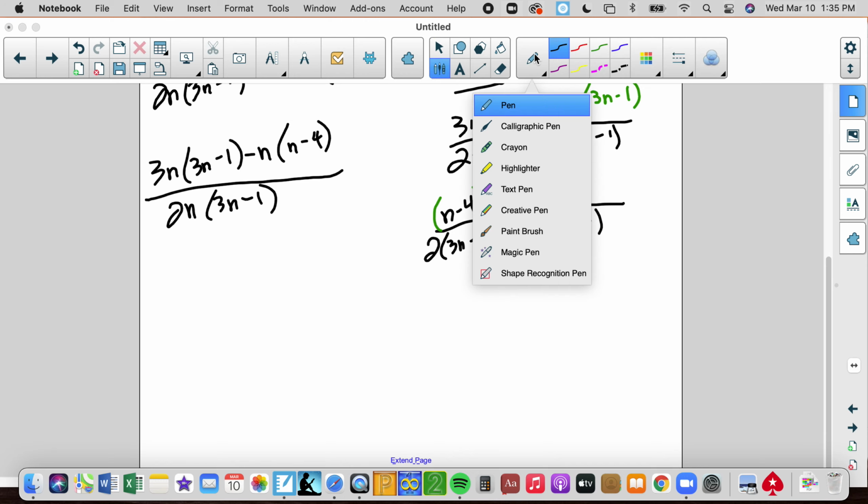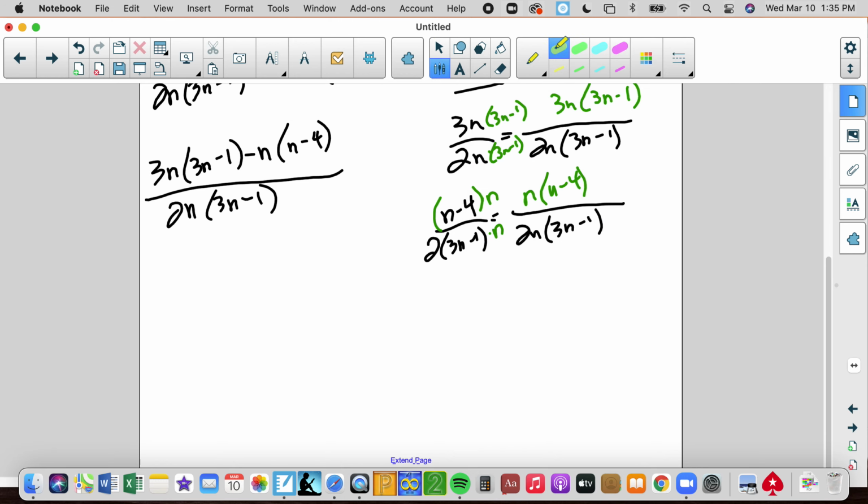We have two things we have to simplify here because this is a product and this is a product. So we have to do that multiplication. We're going to have to distribute the 3n into there, and we're going to have to distribute the negative n into there. So 3n times 3n is 9n squared. 3n times negative 1 is negative 3n.